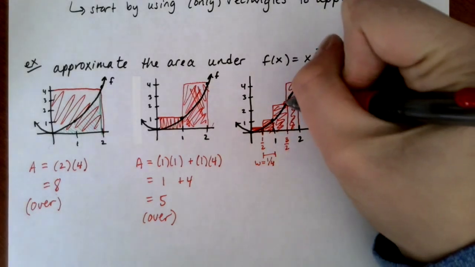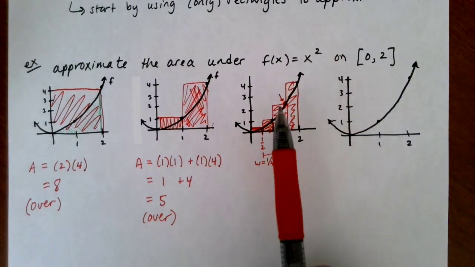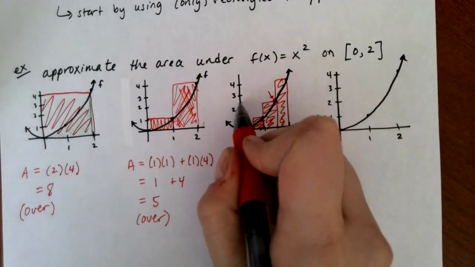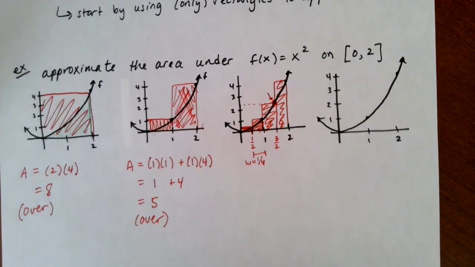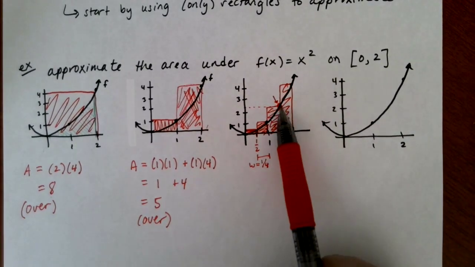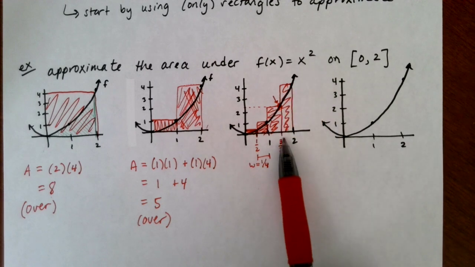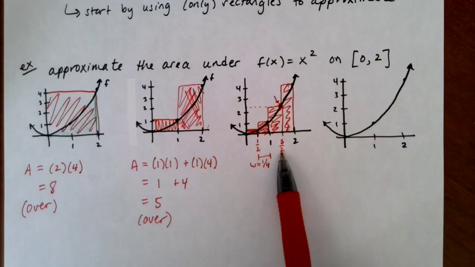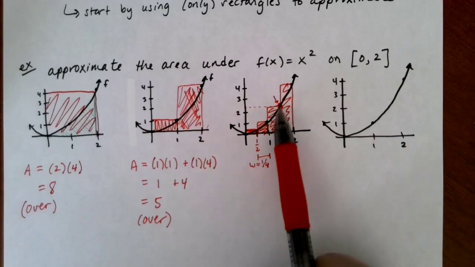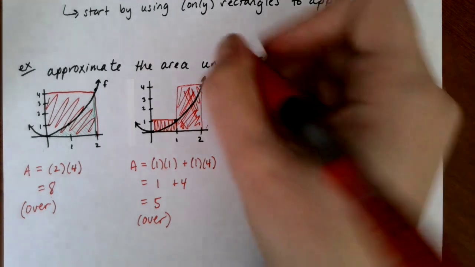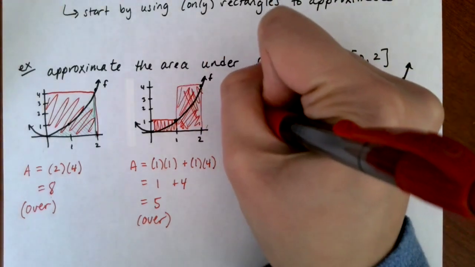So the y value of that point right there is the height of this rectangle. So what's the y value of that point? Well, if it's on the curve f of x equals x squared, and it's above the x value 3/2, then it's whatever f of 3/2 is, right?